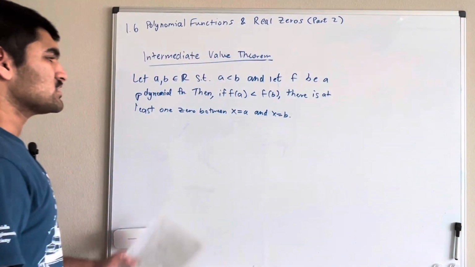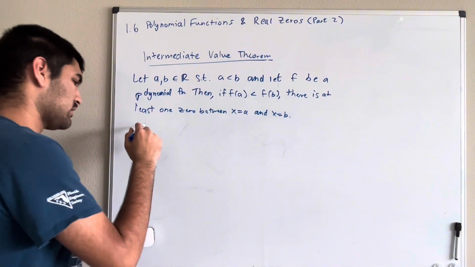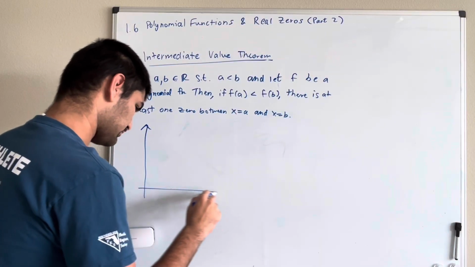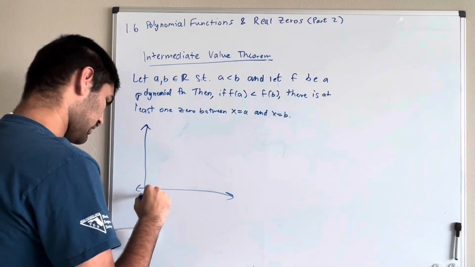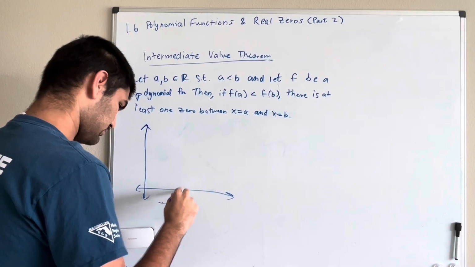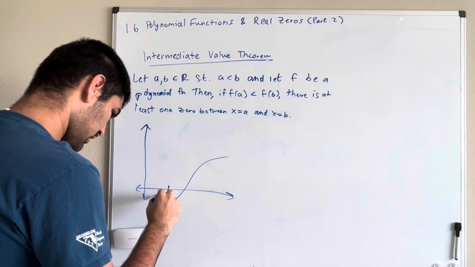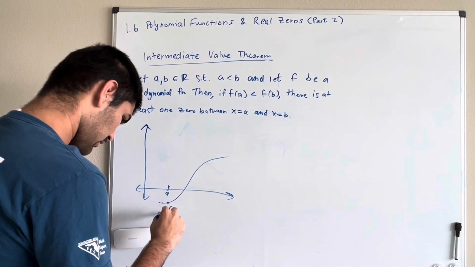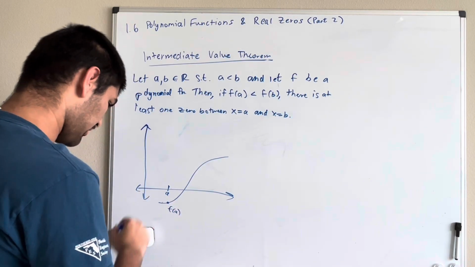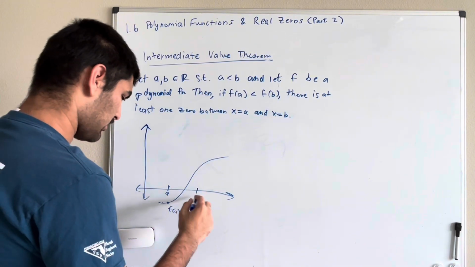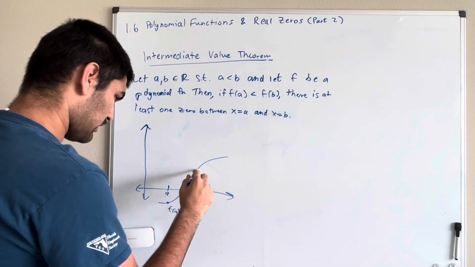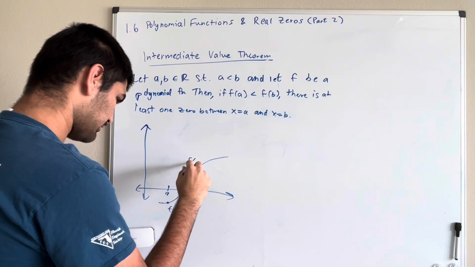Essentially, what this is saying is if you have some polynomial function that looks something like that, and let's say x equals a is right here, then f of a would be that point, and let b be right here, so f of b would be that point.